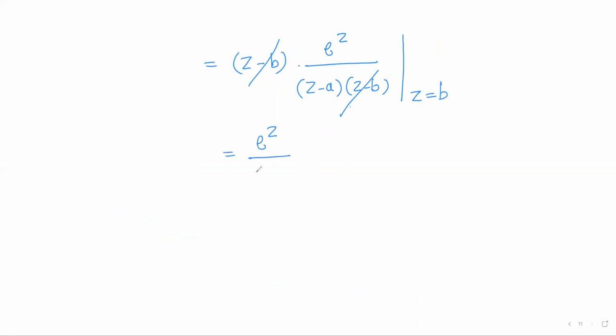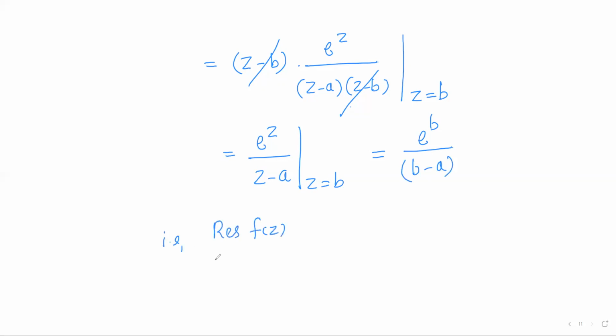So e to the power z divided by z minus a at z is equal to b. Put z is equal to b: e to the power b divided by b minus a. So the residue of f of z at z is equal to b is e to the power b divided by b minus a, which completes the second problem.